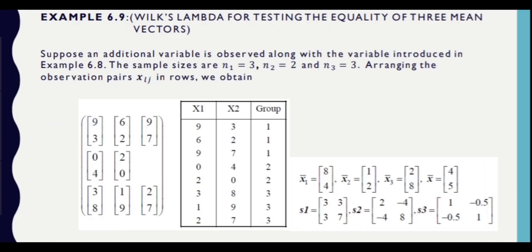Here 9 is the first observation for the first variable, 3 is the first observation for the second variable. 6 is the second observation for the first variable, 2 is the second observation for the second variable. 9 is the third observation for the first variable, and the third observation for the second variable.